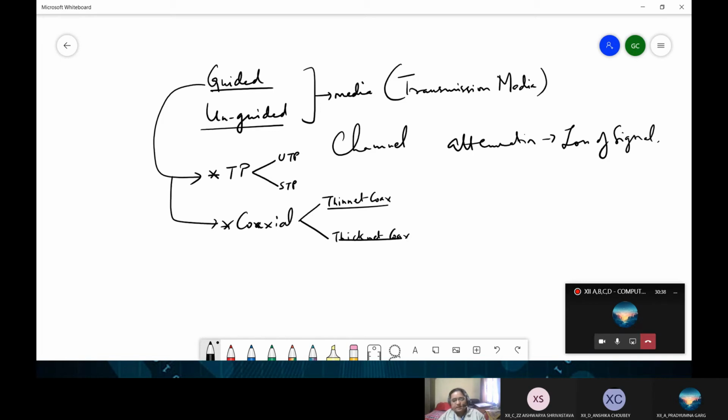Now some signal loss is always there because of resistance of the medium, okay, but that becomes very prominent after a certain distance. That loss of signal or attenuation will become unavoidable after a certain distance, and that distance is known as segment length.